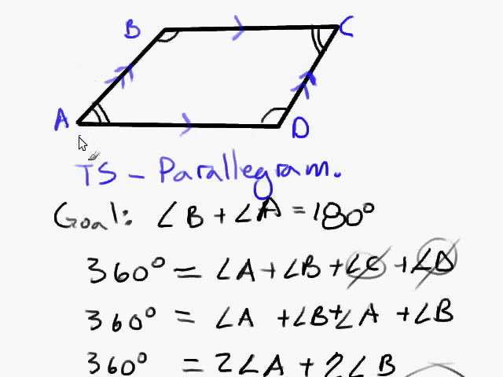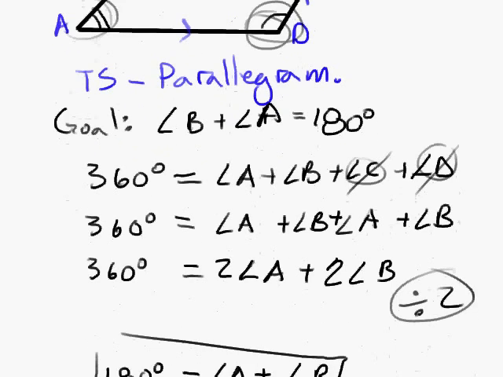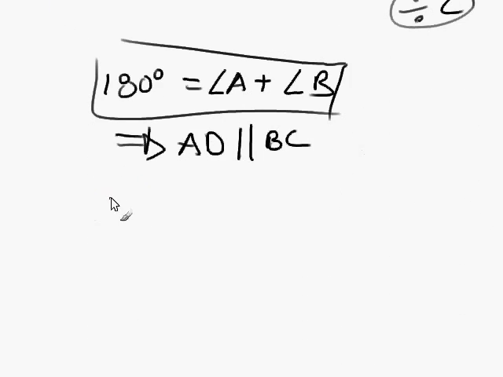Does that show that AB is parallel to DC? Almost. We'd need this angle plus this angle to be 180, but that's easy enough. Angle B is congruent to angle D, right? We were given that.